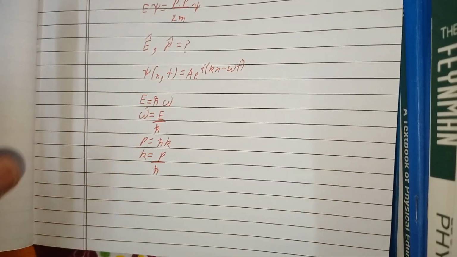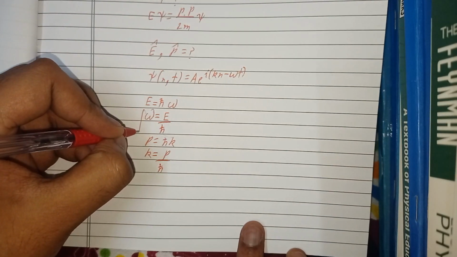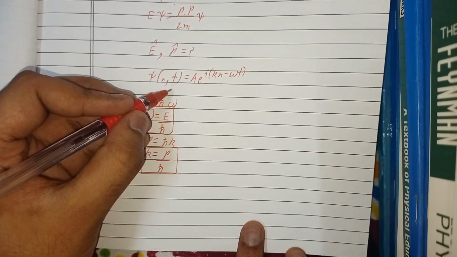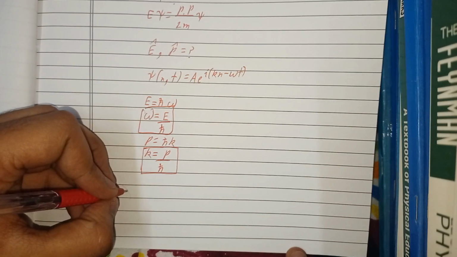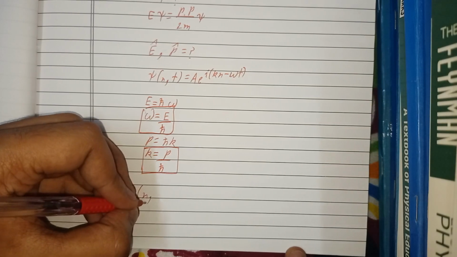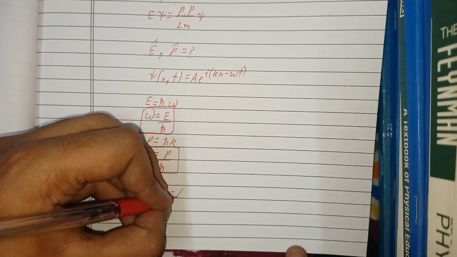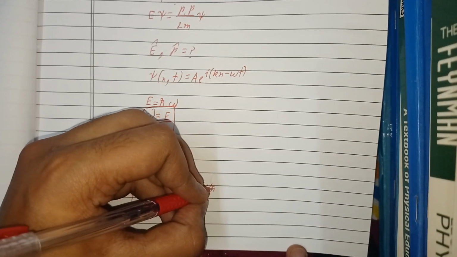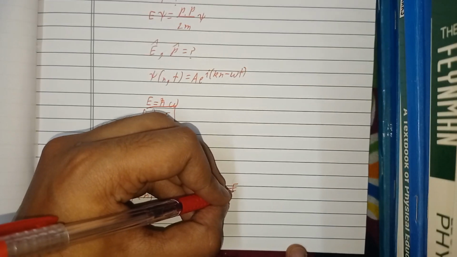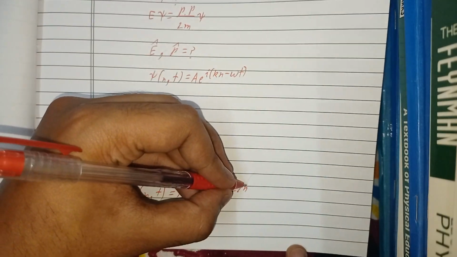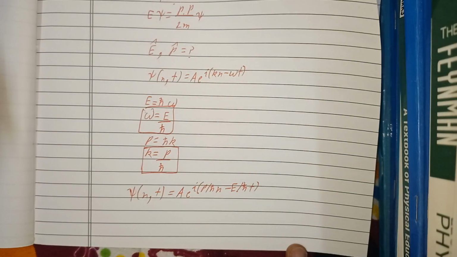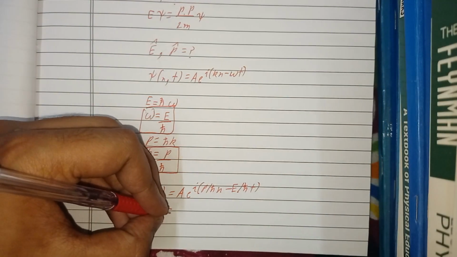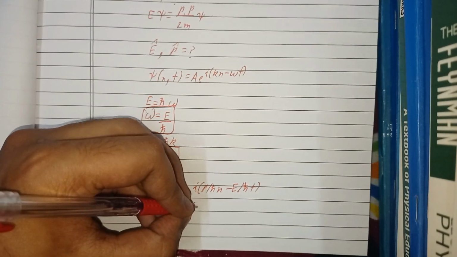So by putting these two values in this equation, we get a wave function like this, and by taking the common factor of reduced Planck constant we get this.